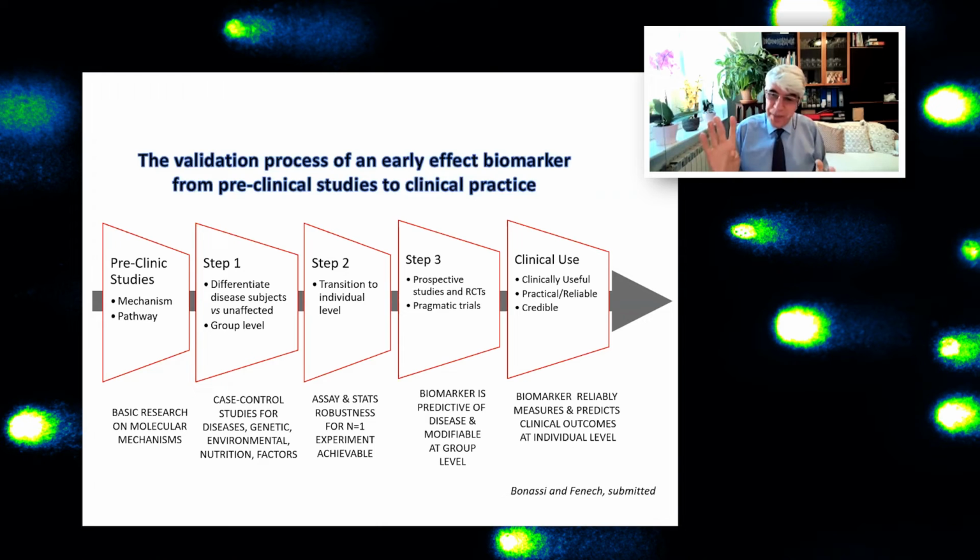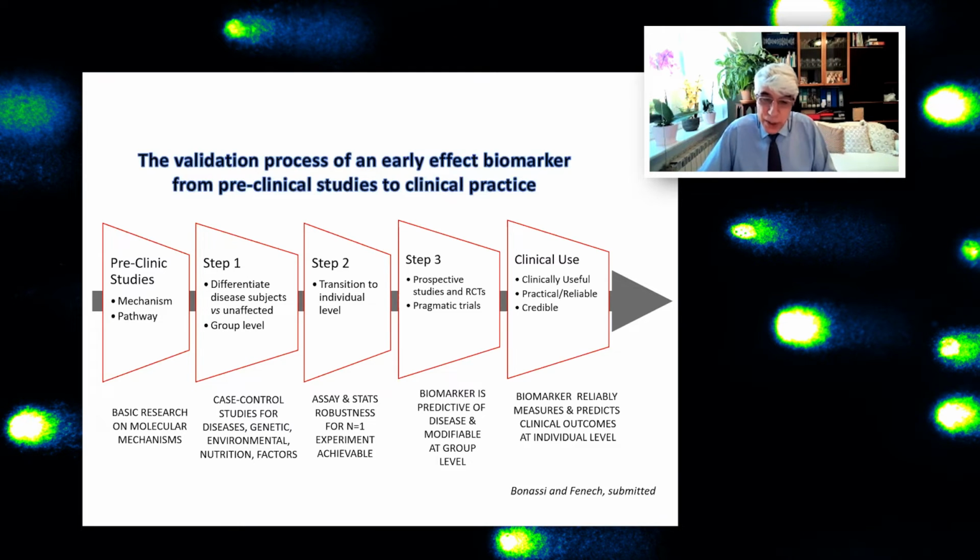That, as Andrew said before, could be the result of reverse causation. So it's the disease that increases the DNA damage and not the DNA damage that causes the disease. We don't know, but there are a number of mechanisms that support the idea that DNA damage is an important step in the pathogenesis of the disease.